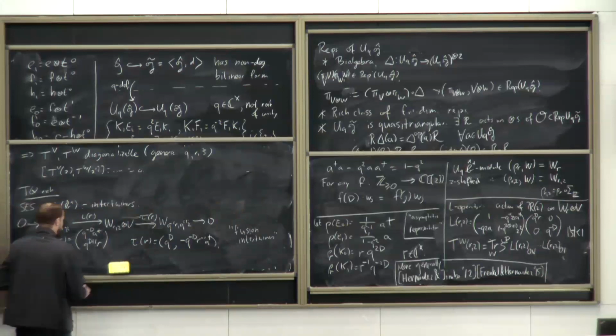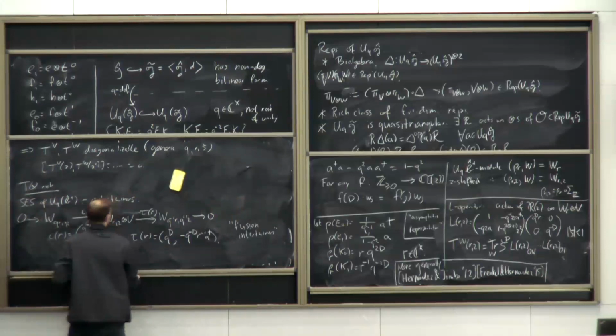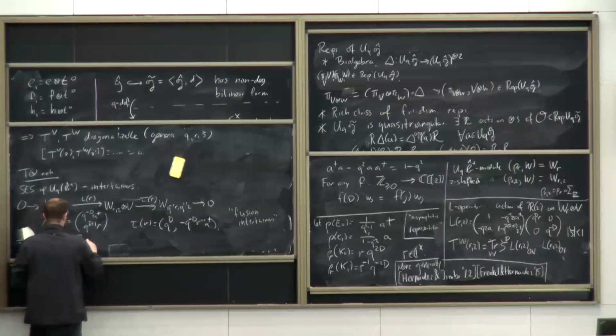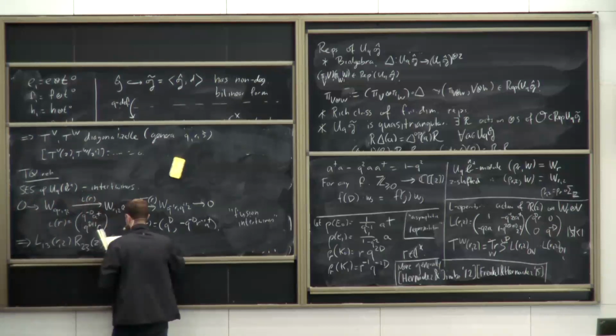Okay, and then using this relation, the universal R matrix, you get certain identities for L operators. Some scalar.